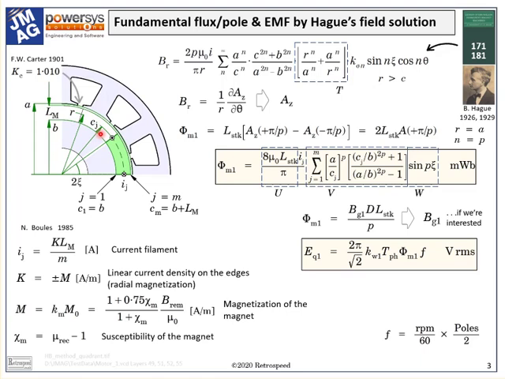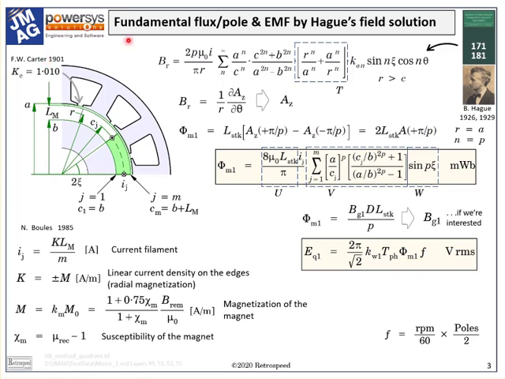It's only about 1% in this case, so it's not a serious error to ignore it. It's interesting to note that Carter's coefficient is also based on the method of conformal transformation, a very sophisticated application of it, originally published in about 1901.